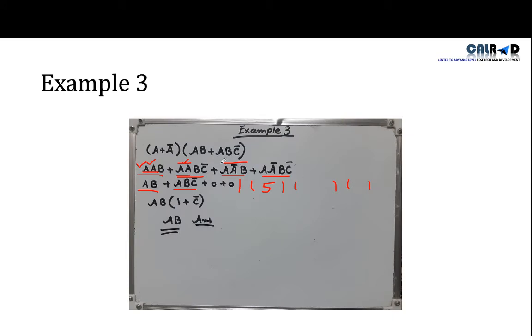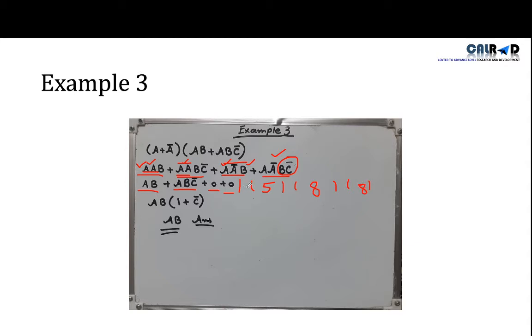So if A into A bar is equal to 0, then 0 into B will be equal to 0. Now we take our last term, that is A into A bar B into C bar. Here also A into A bar is equal to 0, so it makes this whole term 0 as per rule number 8.